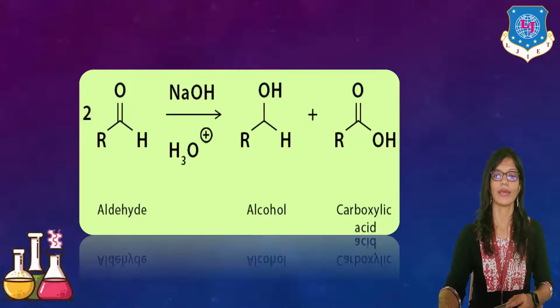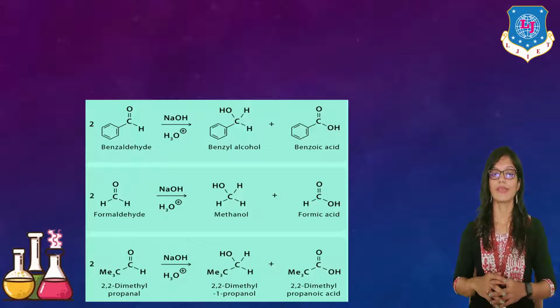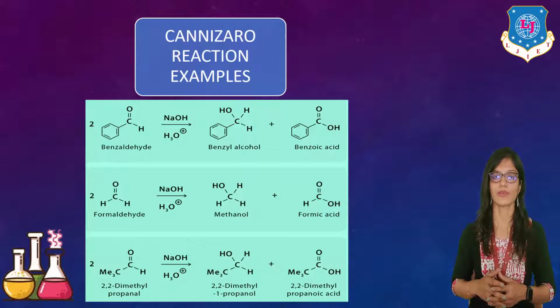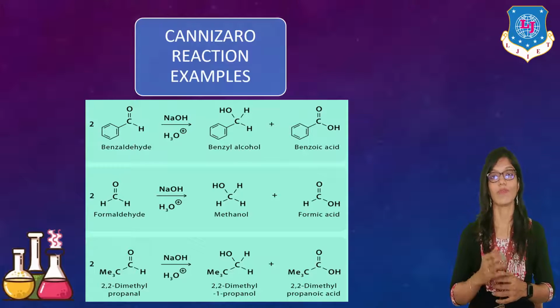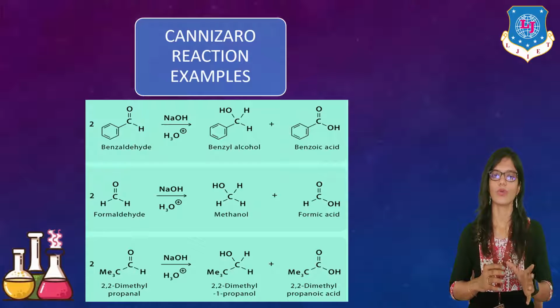Now let's see Cannizzaro reaction examples, how they are formed and which kind of product we get. We took two parts of benzaldehyde, as you can see in the image. Benzene containing a CHO group reacts with NaOH plus H3O plus.